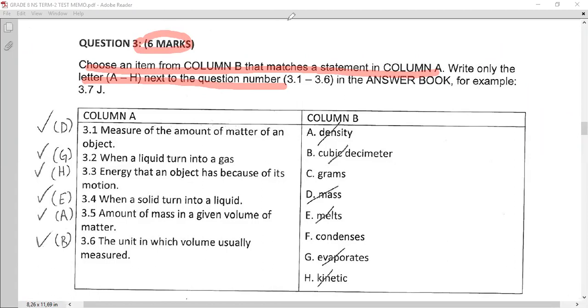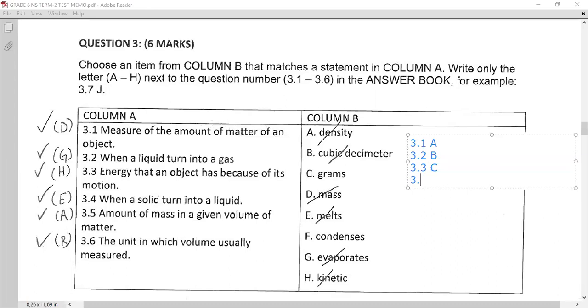Matching questions: how do we answer this type of question? You just need to write down 3.1, for example A, 3.2, okay? That's what I understood from the instruction. 3.3, C, and 3.4, D. Some people write down the whole column A, the whole column B, and try to match it.